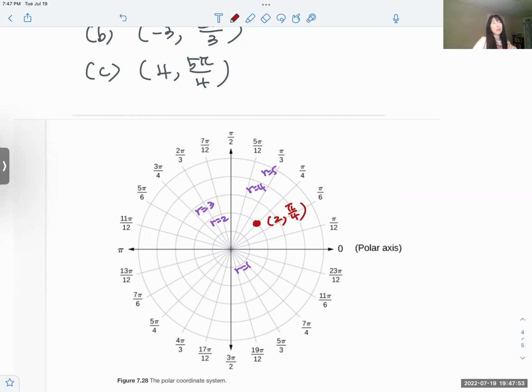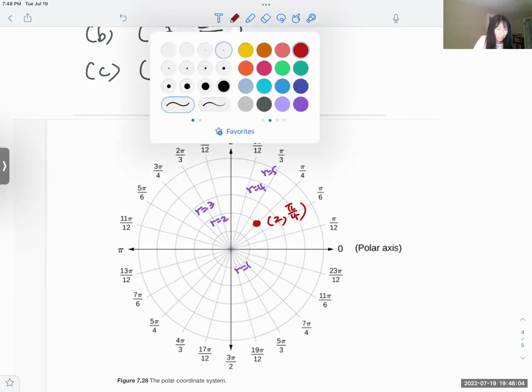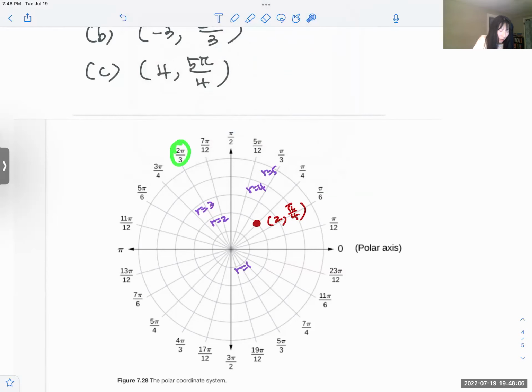Now (-3, 2 pi over 3). I know 2 pi over 3 is here, from here to here. But then -3, and this is radius 1, 2, 3. How do we indicate the -3?